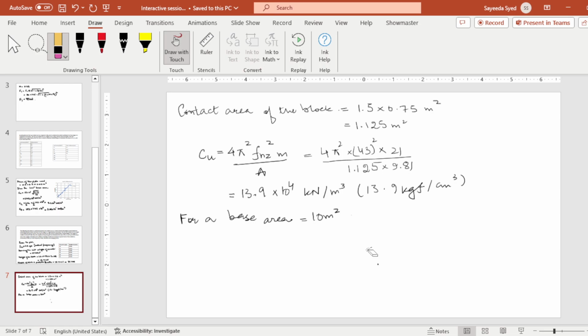So as we were discussing, for a base area of 10 meter square, Cu equals 13.9 into 10 to power 4 into square root 1.125 over 10.